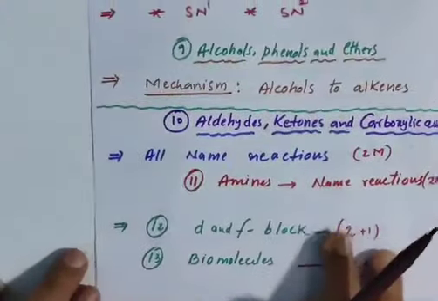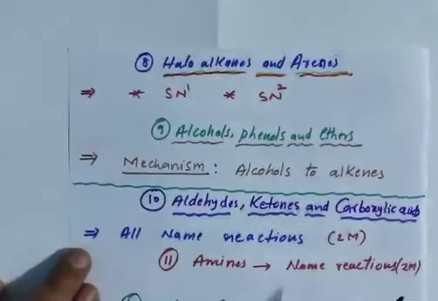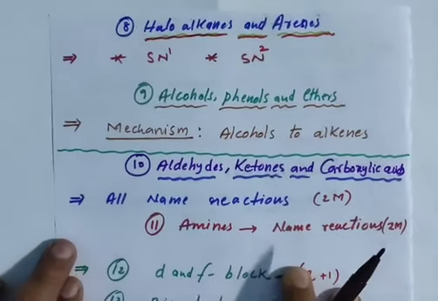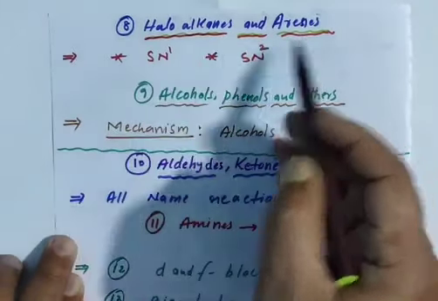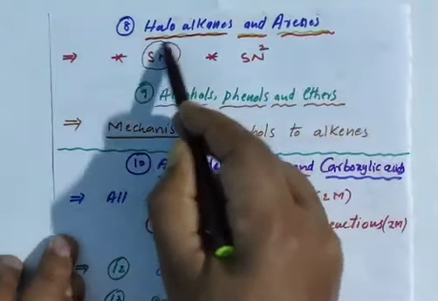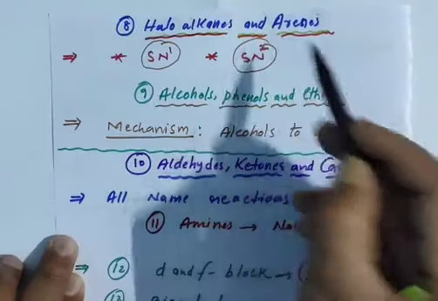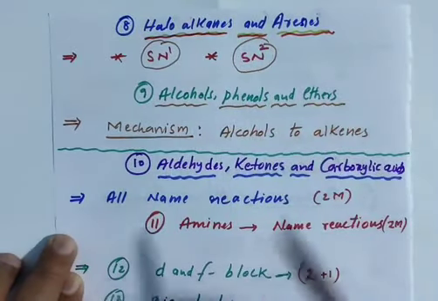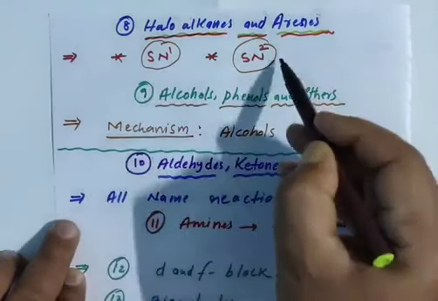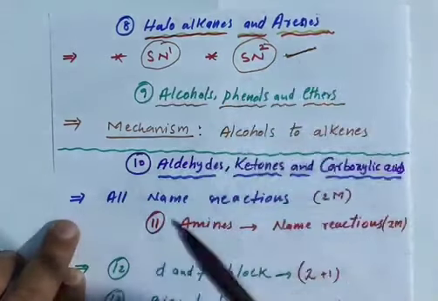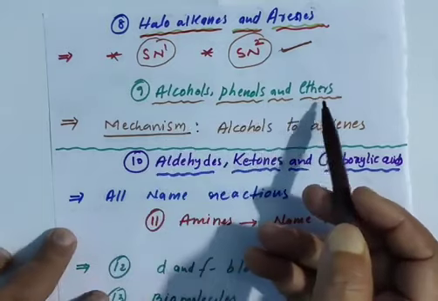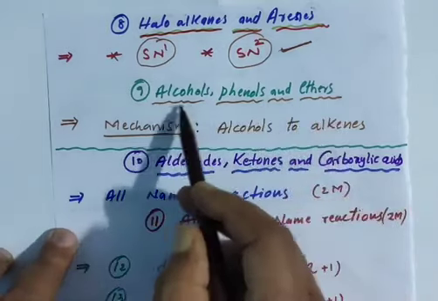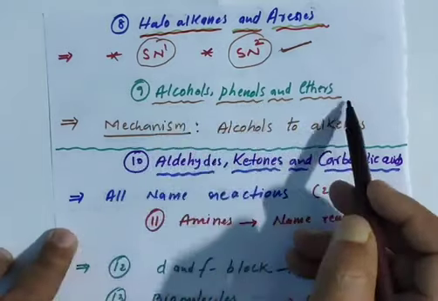Let me go to another strong area for essay questions, from organic chemistry: haloalkanes and haloarenes. Here there is a possibility of only two questions, that is SN1 and SN2 mechanism. Every year you get one question. This is one most strong area. Next, another important organic chemistry chapter is alcohols, phenols and ethers.